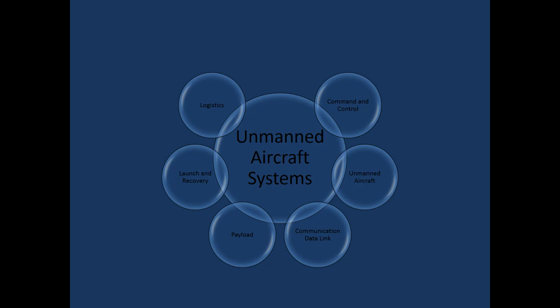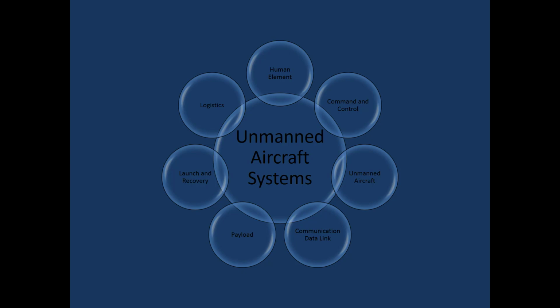And the last thing we're going to talk about here is the human element. So it's kind of interesting. We talk about unmanned aircraft systems, so why are we talking about the human element? Well, it takes a human being to either program this, pre-program it, or to command and control it. But even though, when I was flying Scan Eagle, we were physically removed from the aircraft, you were still emotionally attached.